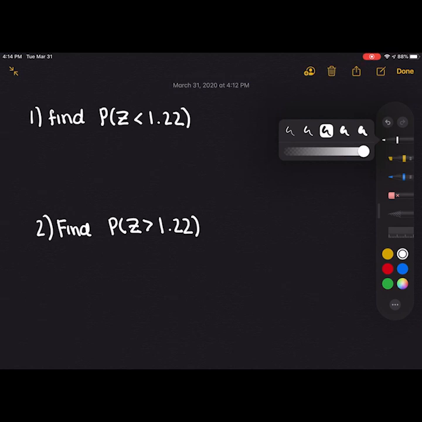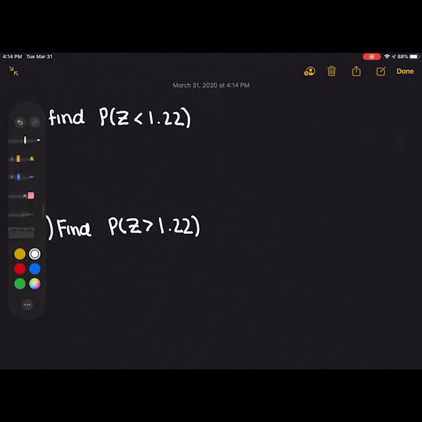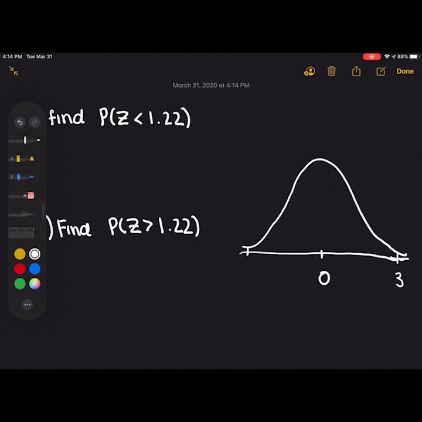The first thing you have to understand in these kinds of problems is that because we're using a normal curve, the mean is always going to be 0, the middle, and the points are always going to be 3 standard deviations away from the mean, which is why the endpoints are always going to be -3 and 3.